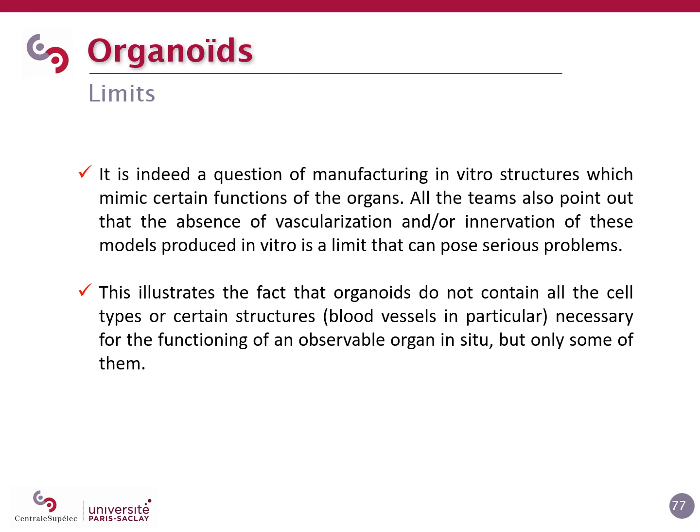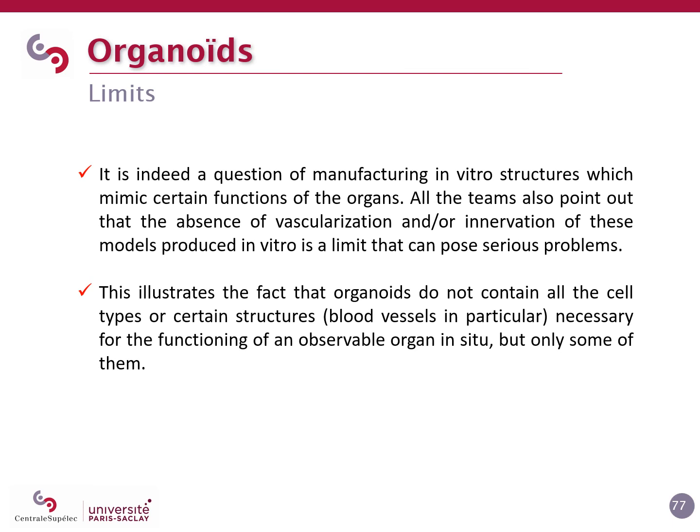Organoids seem to be very powerful tools, but overall have some limitations. It is indeed a question of manufacturing in vitro structures which mimic certain functions of the organs. Teams also point out that the absence of vascularization or innervation of these models produced in vitro is a limit that can pose serious problems.